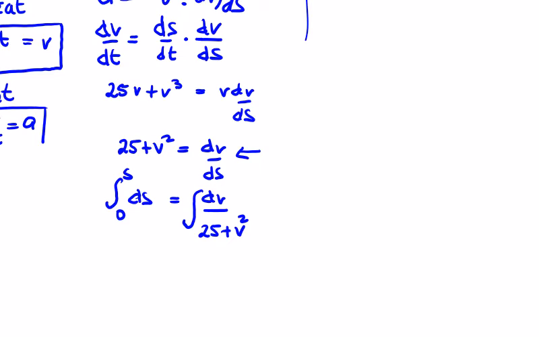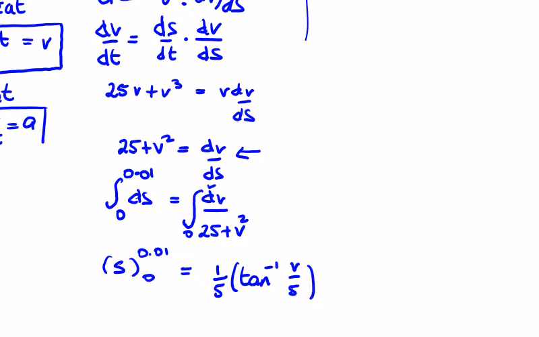But then the last part: find, correct to 2 decimal places, the speed when s is 0.01. So the distance is 0.01 and we're looking for the speed. Integrating the left, we get s between 0.01 and 0, equal to the right, which gives 1 over 5 times the inverse tan of v over 5, between v and 0.